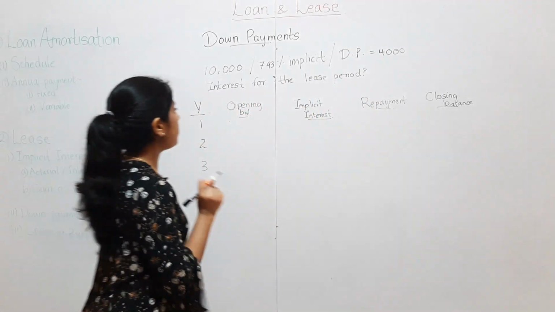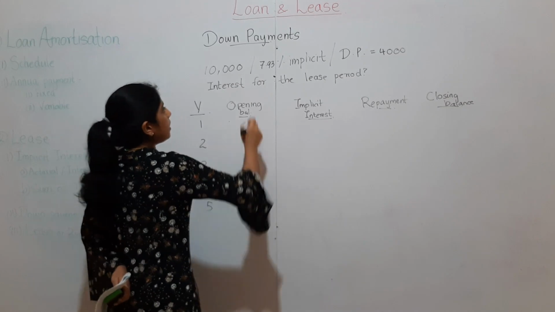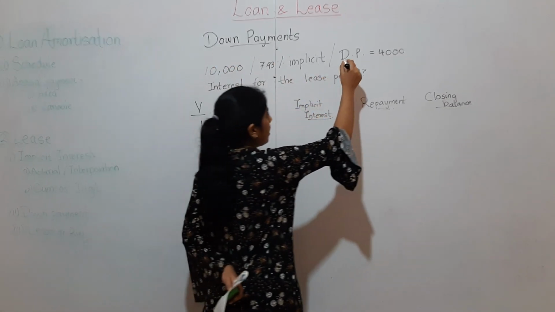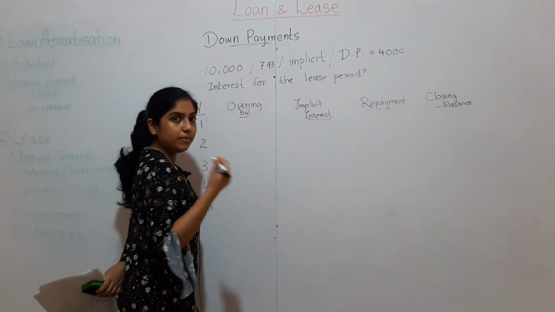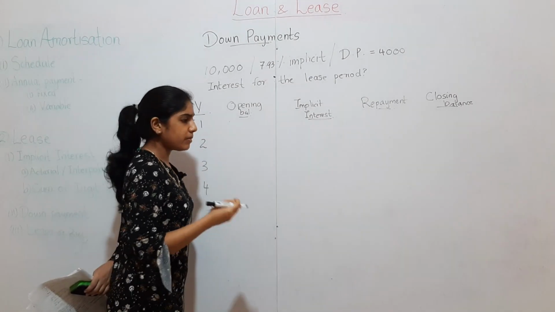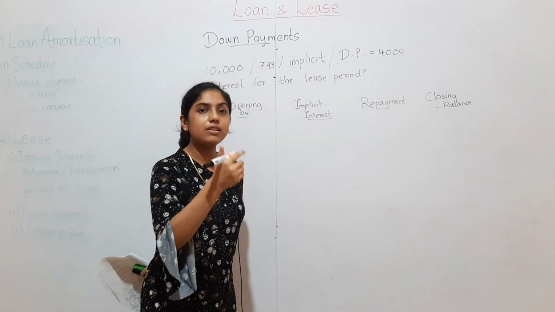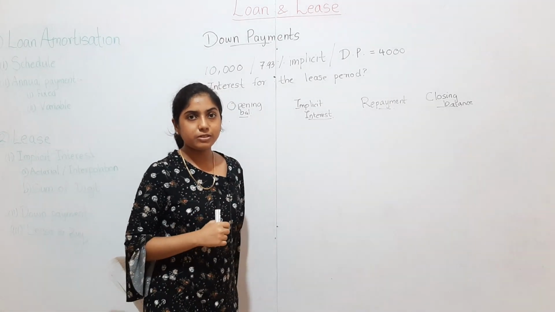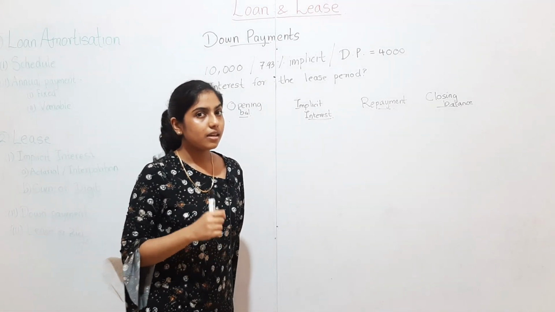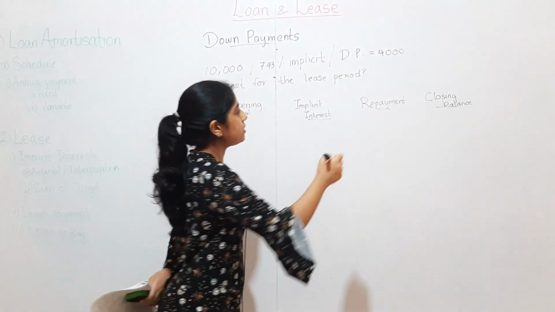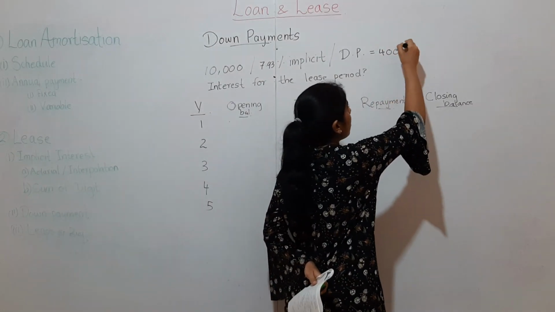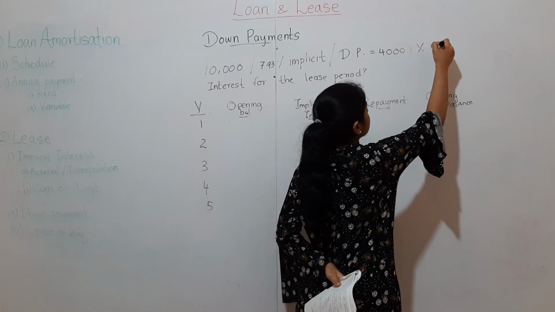Therefore, since down payments are paid immediately, that means today you are signing the lease agreement and today itself you are paying 4,000 as an upfront payment. As a result, for this 4,000 you will not accumulate interest.